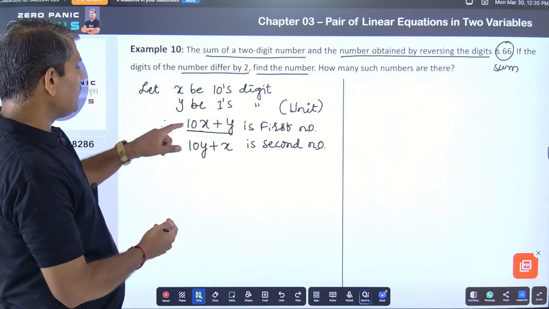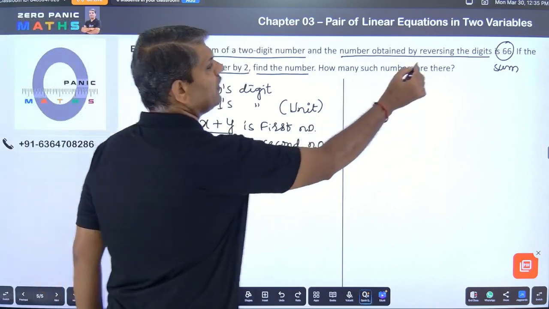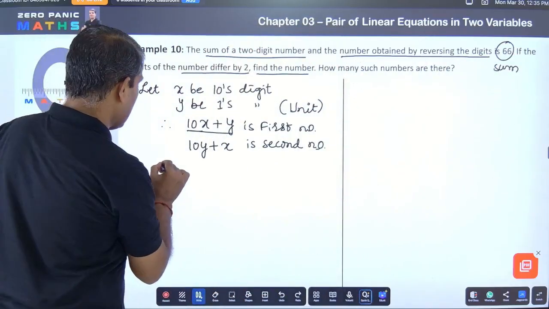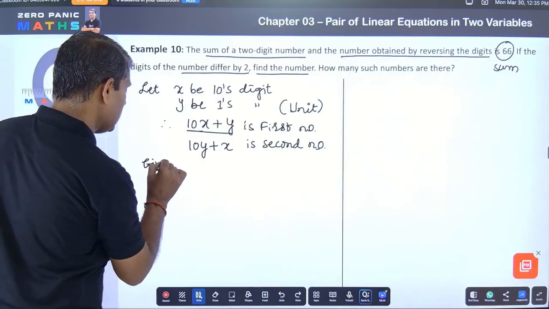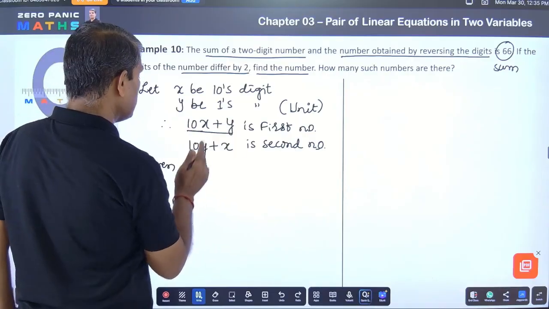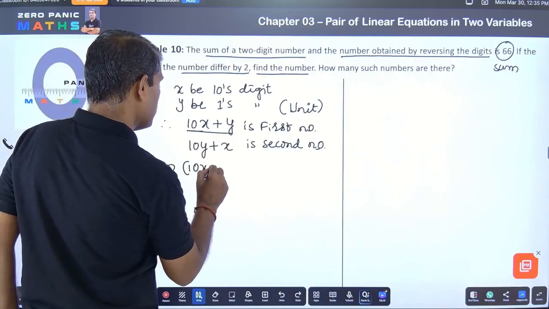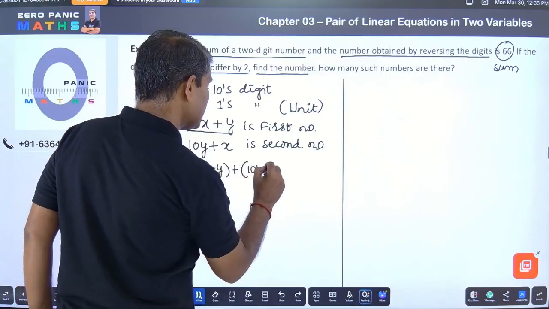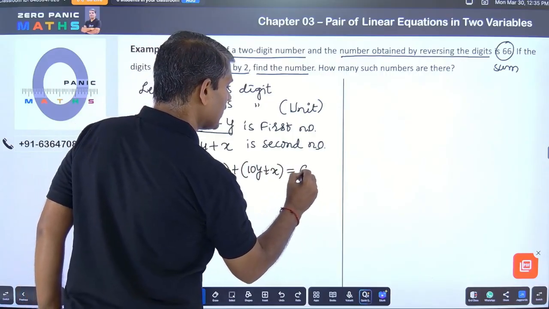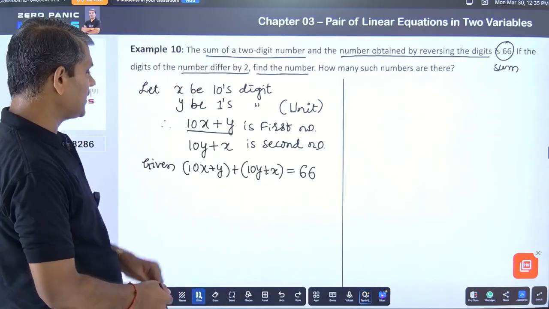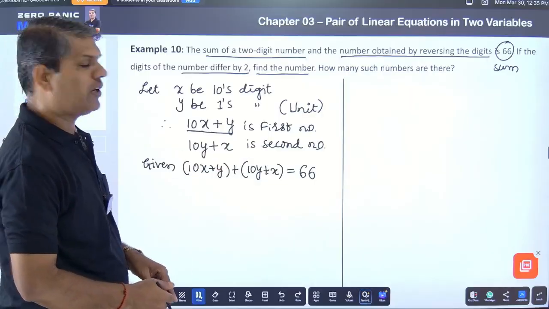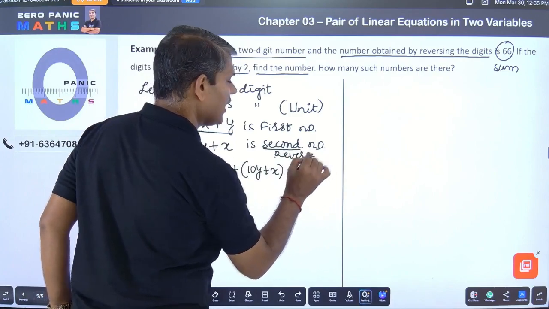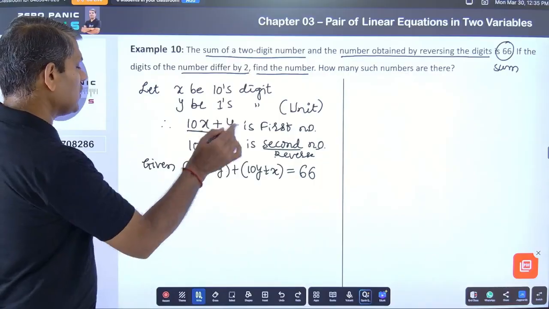What we do with the first number and second number is we sum them up to get 66. So what is given is, if you sum 10x plus y, that is the first number, and 10y plus x, that is the second number, that will give us 66. The second number is the reversed number. So solve this first.